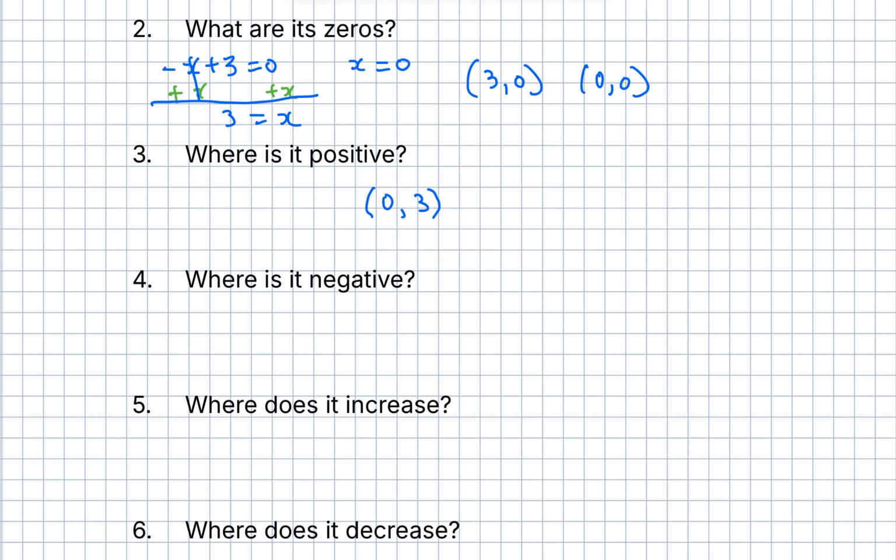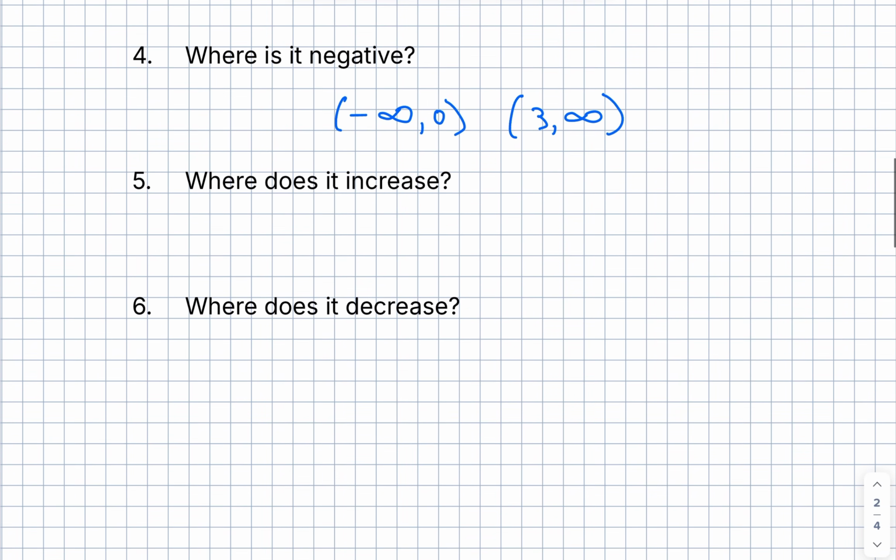So we would say then that it is negative from negative infinity, and again, these are ranges for the x values. So from negative infinity to 0, and from 3 to positive infinity is negative.